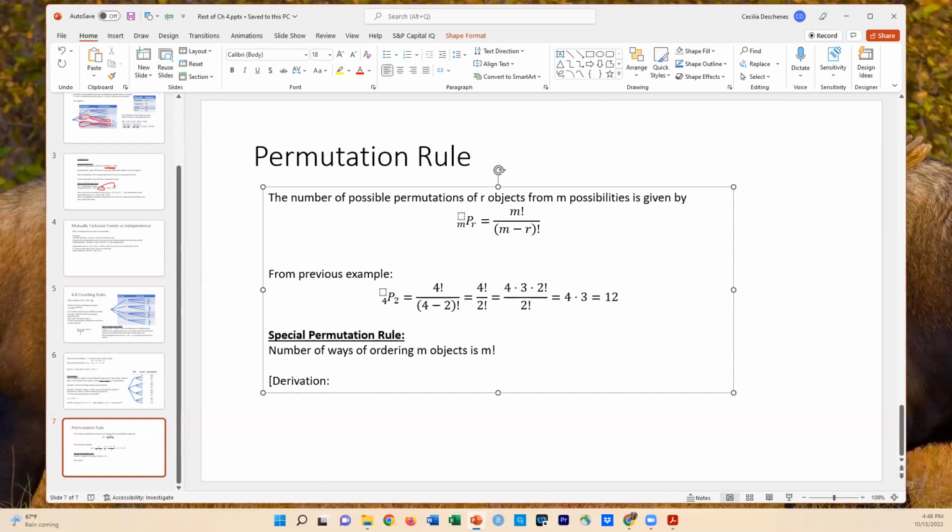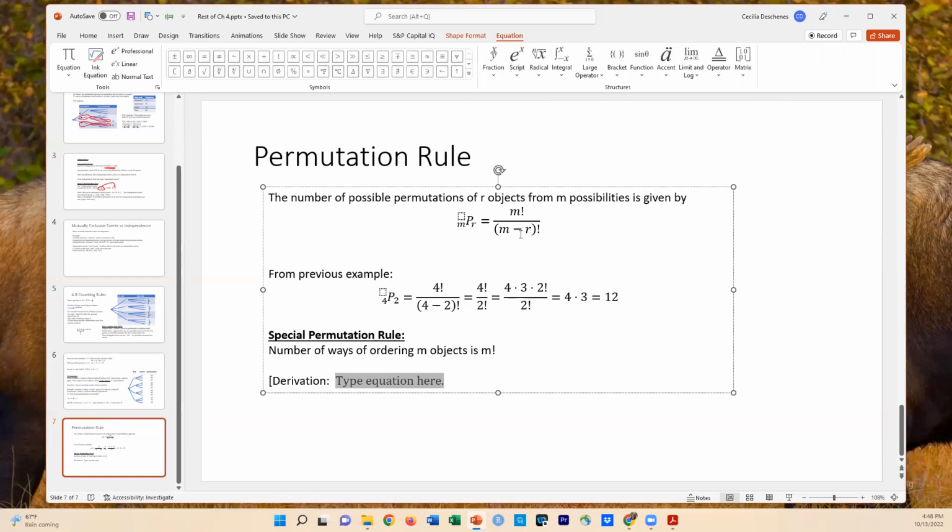So we can just see that if we have M objects and we're going to take all M of them, so that we want to choose M of M things, how many ways can we do that? And it's M factorial divided by M minus M factorial.